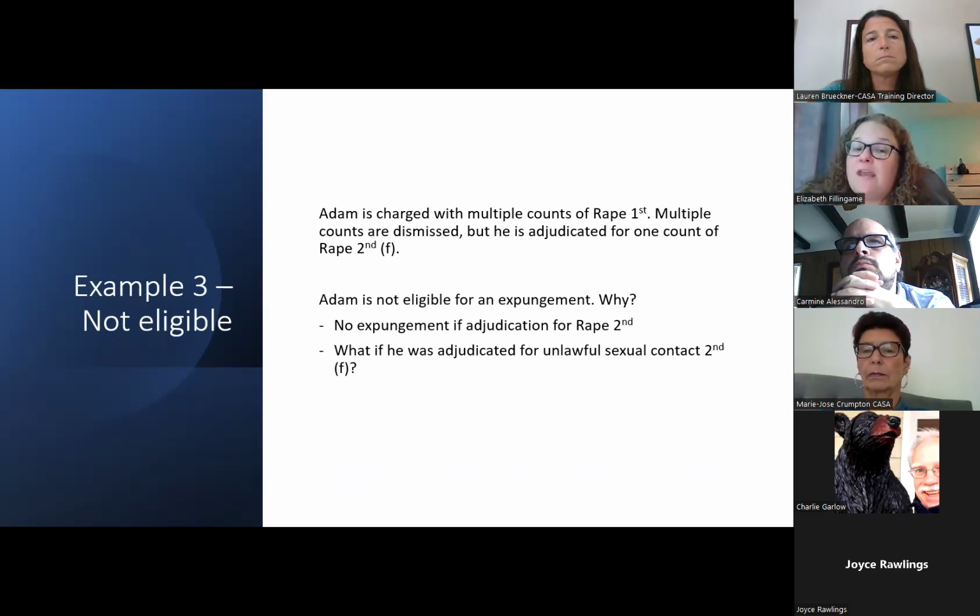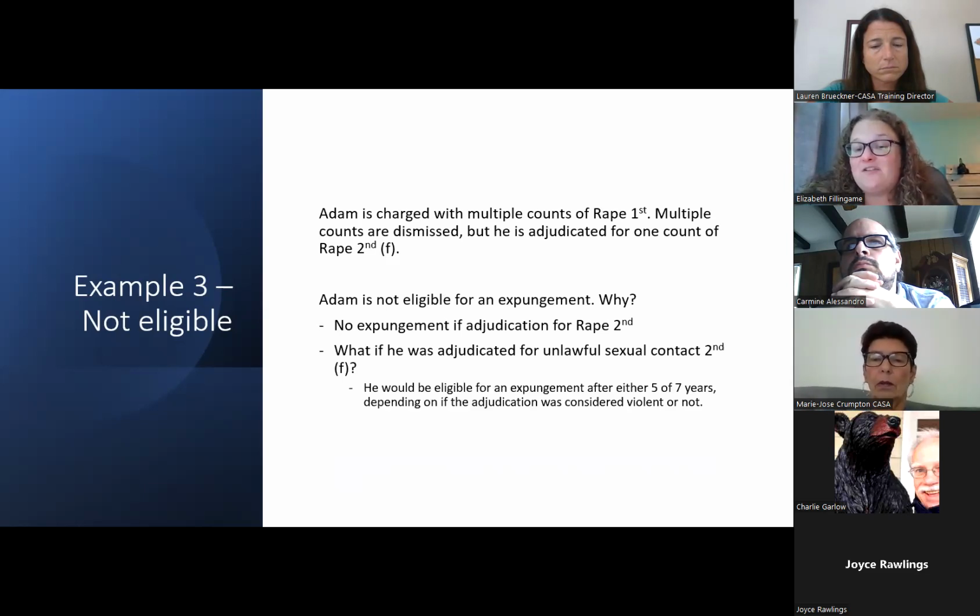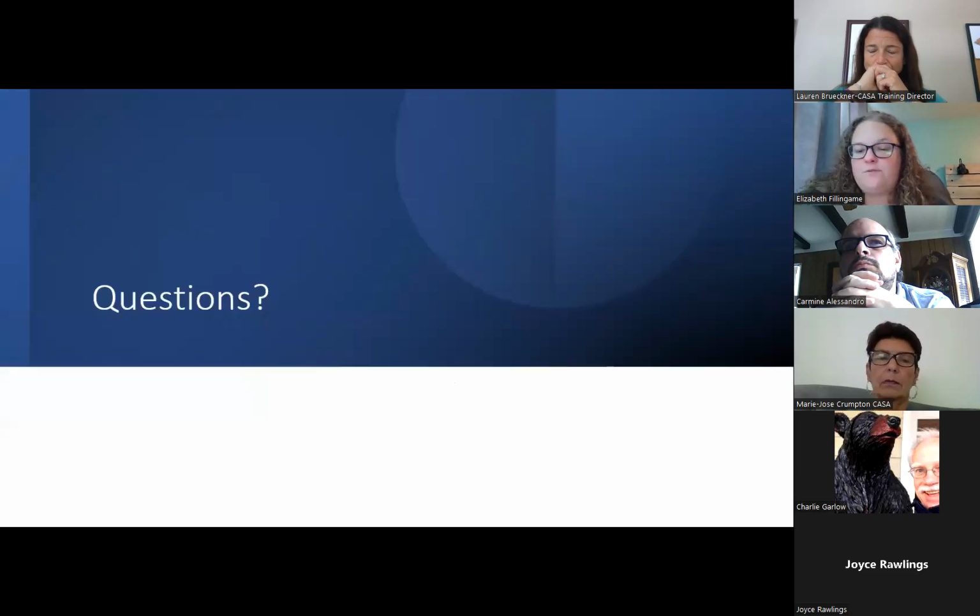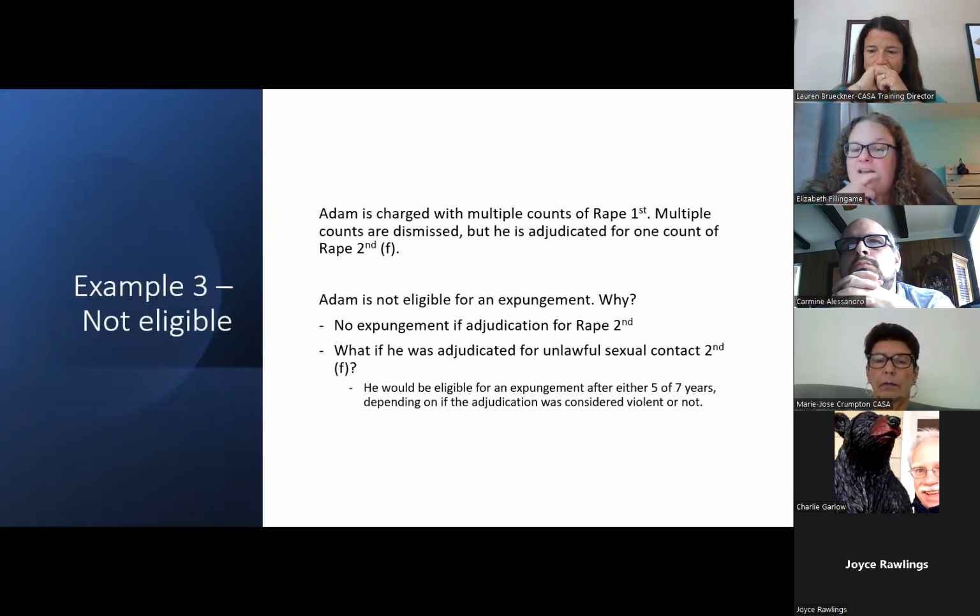What if he was adjudicated for unlawful sexual contact second, which is also a felony? Then he is eligible for an expungement after either 5 or 7 years, depending on whether or not the adjudication was considered violent. And so here, a public defender who is really doing their job is going to advocate, you can still charge my client with a felony, right?